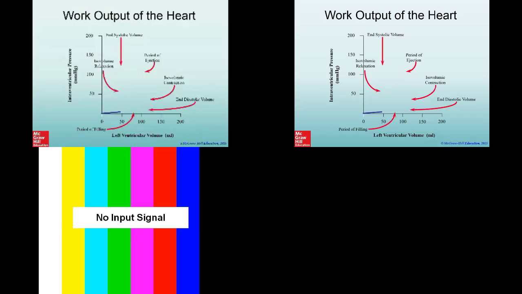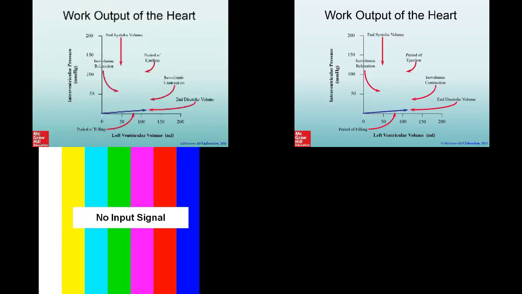Because you're in diastole, you're relaxed. So you get that increase in volume, maybe a little bit of a change in pressure. Then when you're fully filled up, you're at 100%, you're at your end diastolic volume.